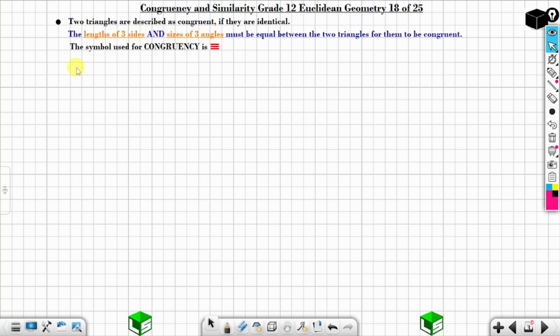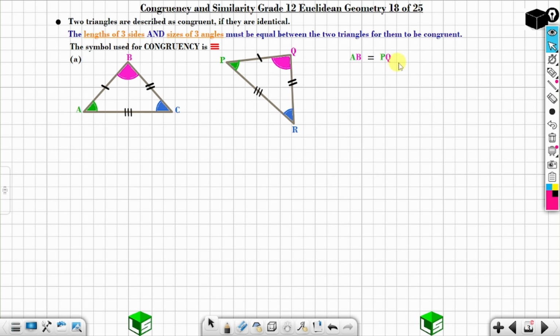So let's see the first example. Okay, you have triangle ABC and triangle PQR. You can see side AB is equal to side PQ.